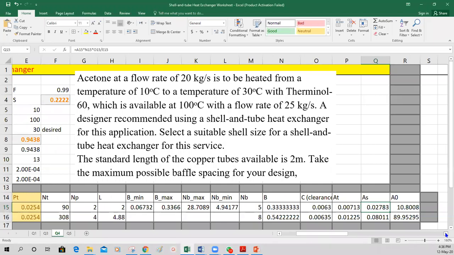Area for the shell, calculate. 0.02782. Okay. Anyone else got the shell side area? We are calculating from the formula at page number 472, step number D, where it is given the formula for tube side area and shell side area.